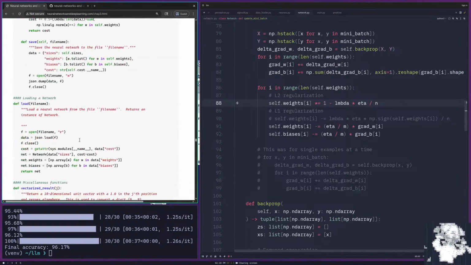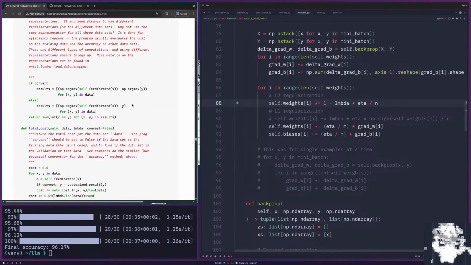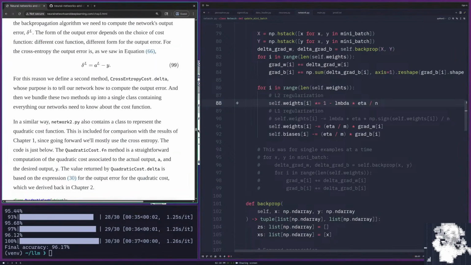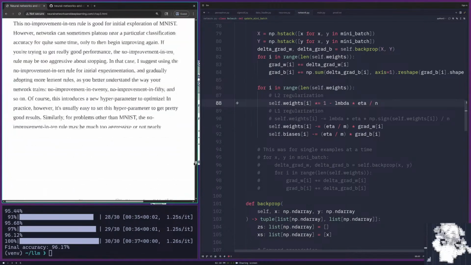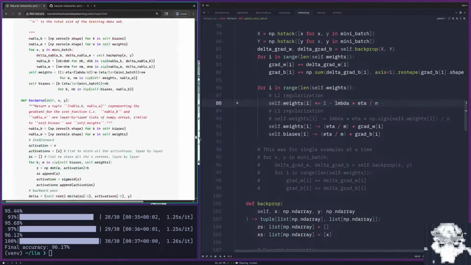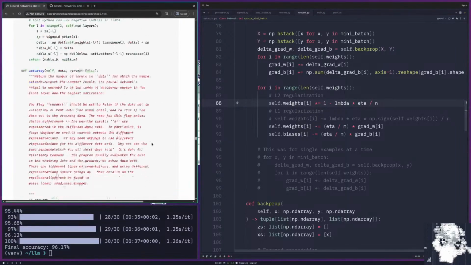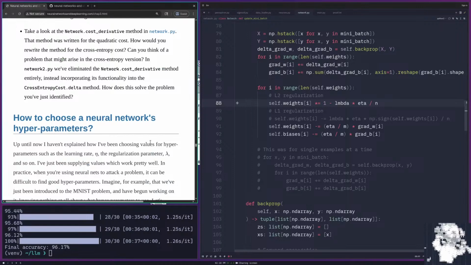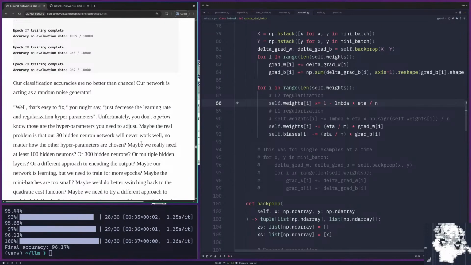Because the delta is just doing the same thing, right? It's still just a minus y. So what's the problem that it's expecting me to identify? Oops, did I go too far? Yeah. Right.